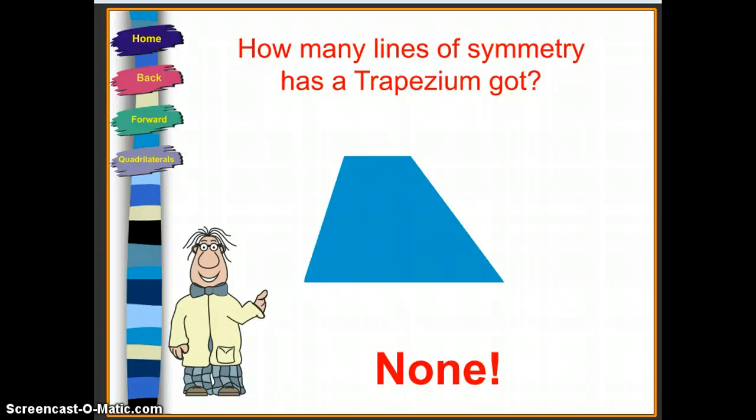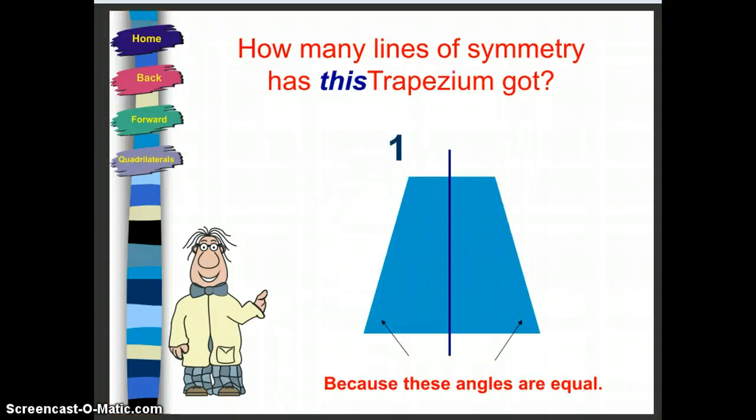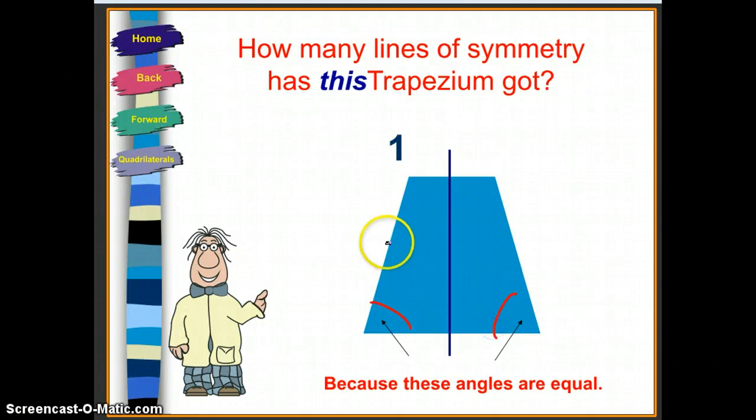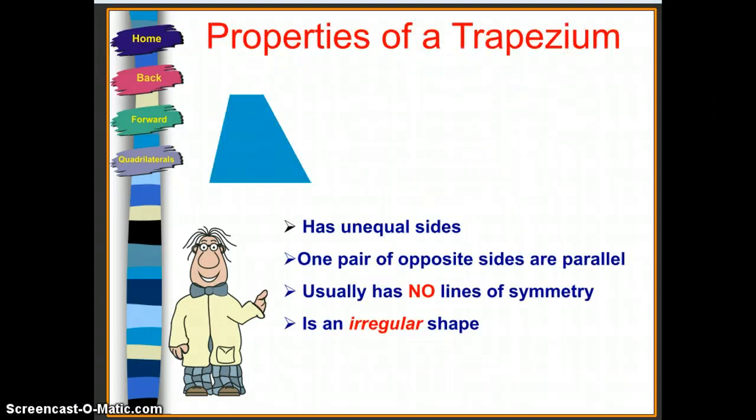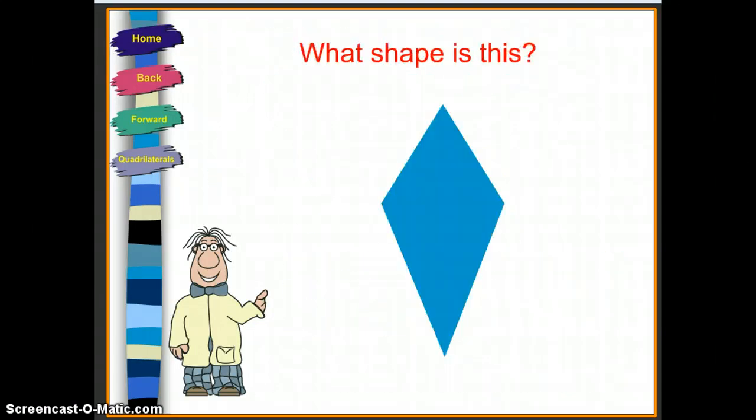How many lines of symmetry? It doesn't, but an isosceles trapezium does, because you actually have these angles here the same, and a mirror line going through that way that would fold onto itself. Okay, properties of a trapezium.